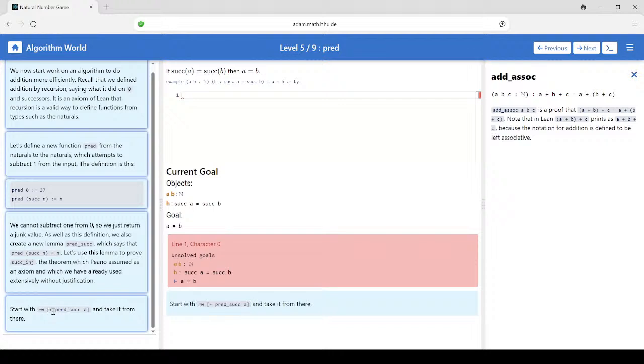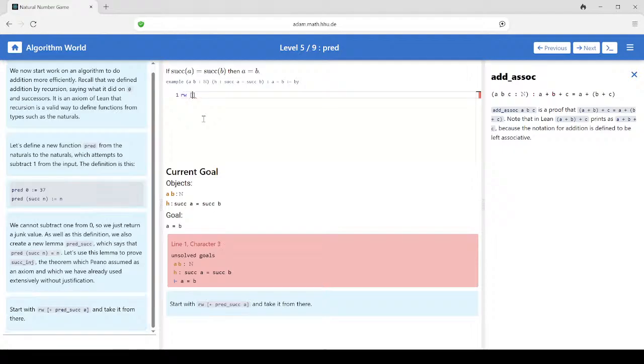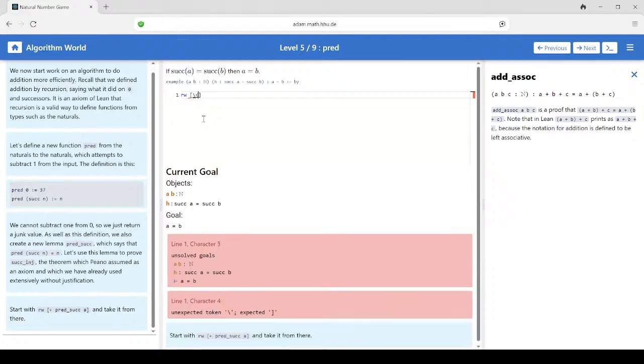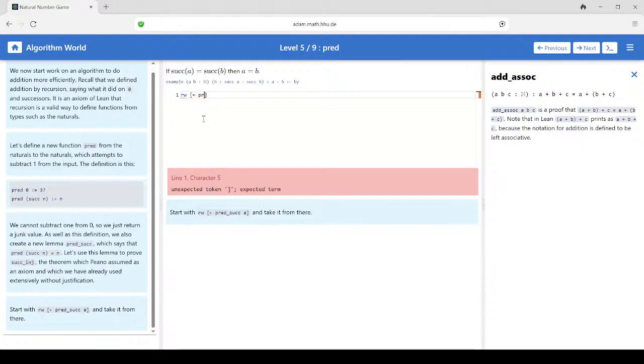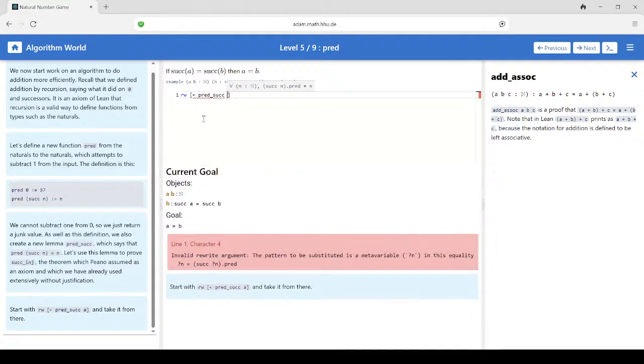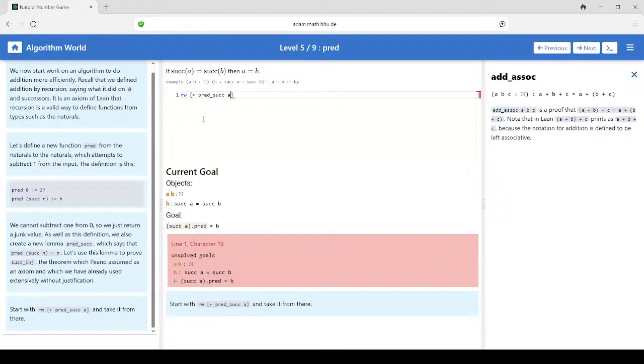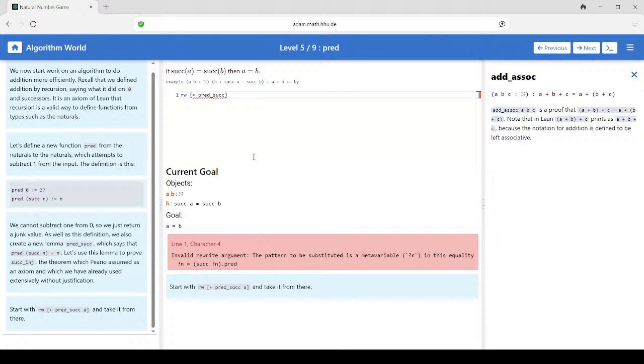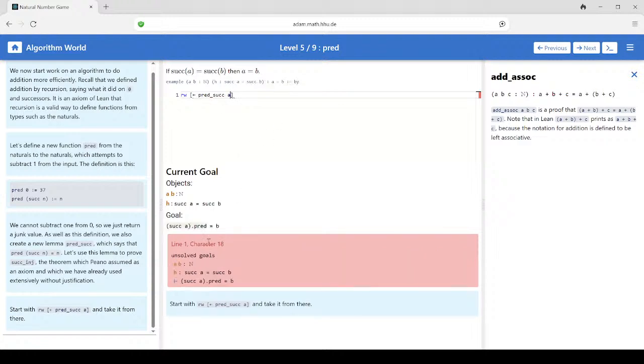Start with, backwards, so we're going to turn A into the predecessor of a successor. Backwards arrow. We have to specify which one.